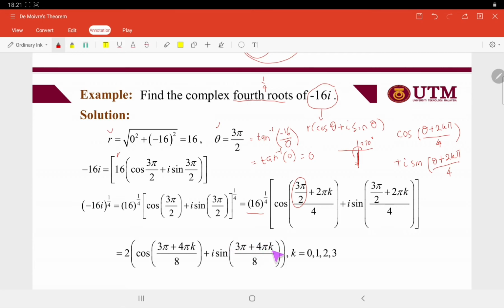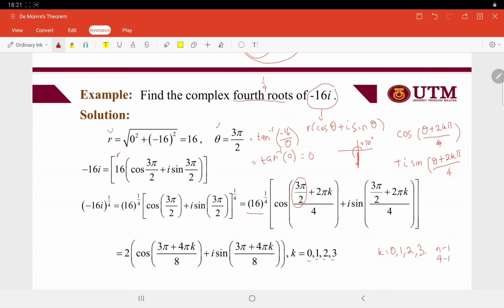plus i sine of 3 pi plus 4 pi k divided by 8, where k starts from 0, 1, 2 and 3, because k should be 0, 1, 2 up until n minus 1, where our n is 4, so 4 minus 1 is 3.